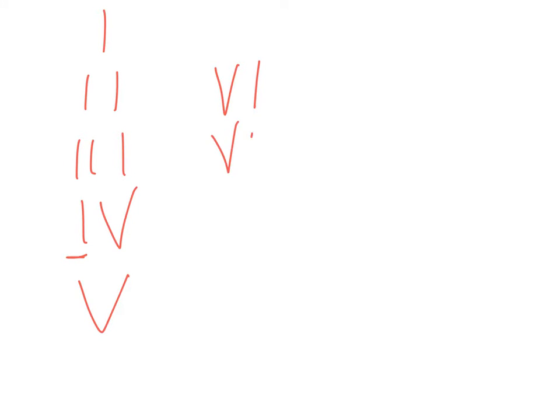So we would have 1, this is 2, this is 3, this is 4, means we're subtracting 1 from 5. Then we would have 5. Now we're adding on to 5, that'd be 6, 7, 8, and now 9 is subtracting 1 from 10, and 10.